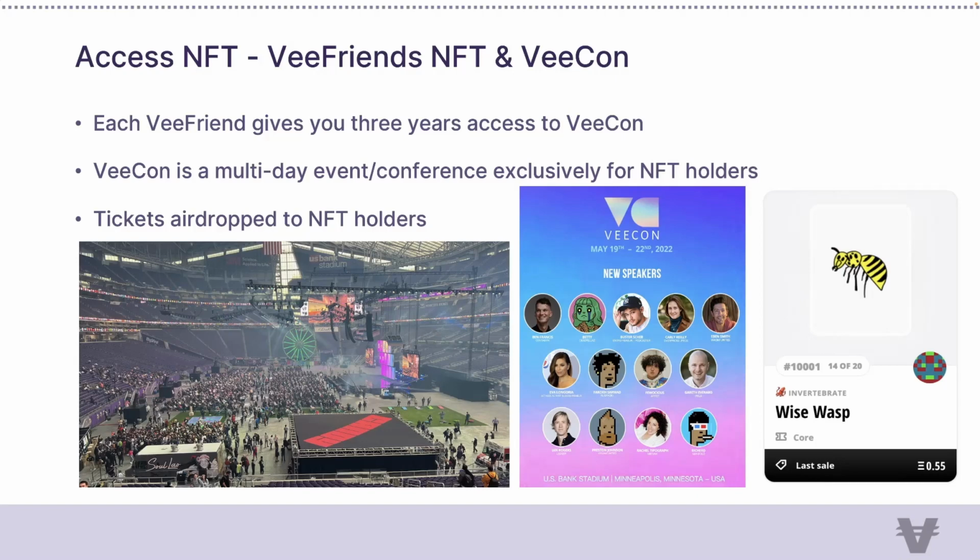So focusing on an access only NFT, which is the VeeFriends NFT, and its VeeCon. Each VeeFriends NFT gives you 3 years access to VeeCon. VeeCon is a multi-day event or conference exclusively for NFT holders, and those tickets will be airdropped to NFT holders. So this is how it looks.